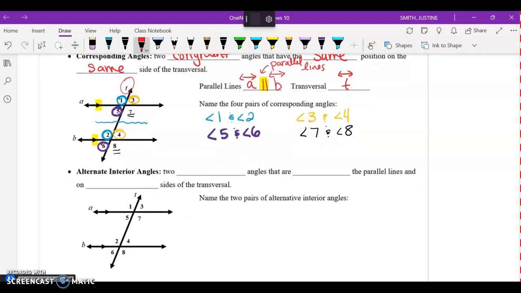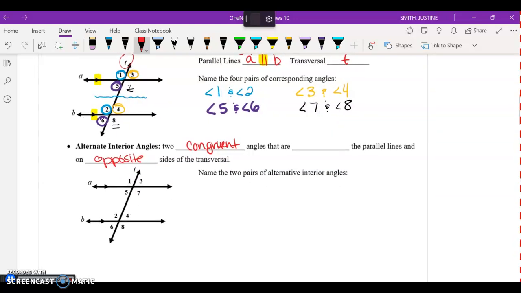Alternate interior angles are two congruent angles, so they're equal, that are inside the parallel lines and on opposite sides of the transversal.